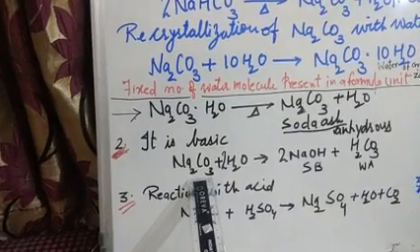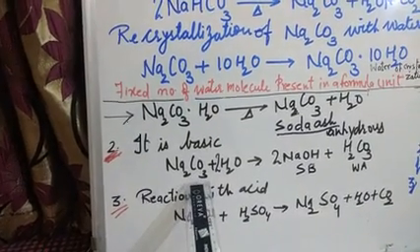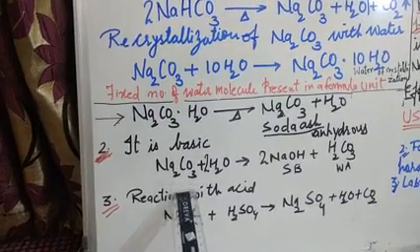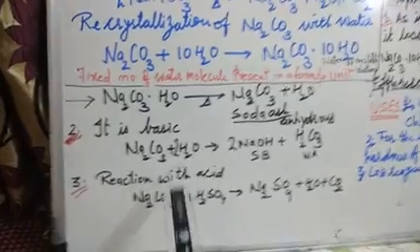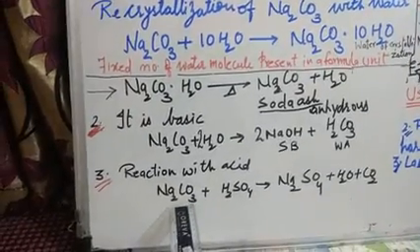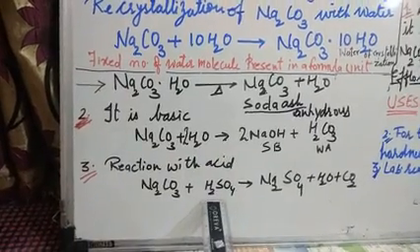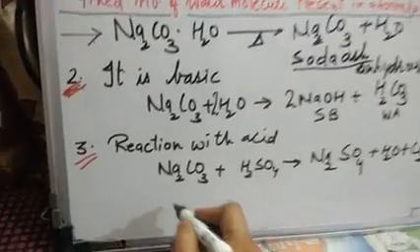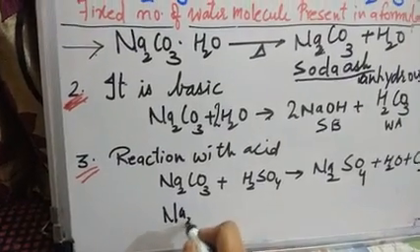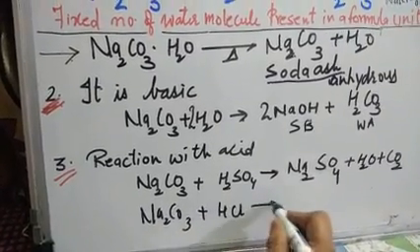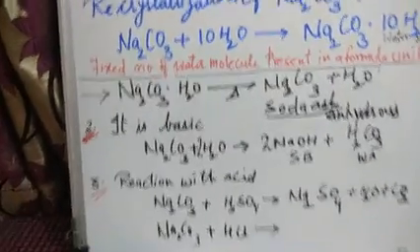If it is basic, students, and if it reacts with acid, what will happen? Base, when reacting with acid, what will happen? Neutralization reaction will take place. So here, Na2CO3 if treated with H2SO4, if treated with HCl, here I am asking you to write the reaction of Na2CO3 with HCl and write the product by your own, students.